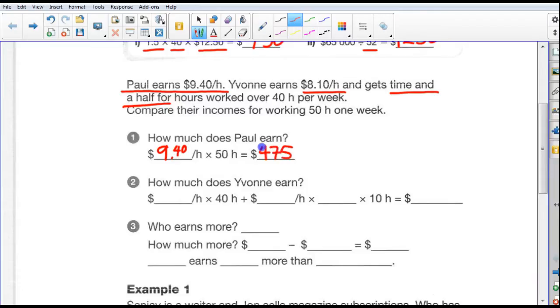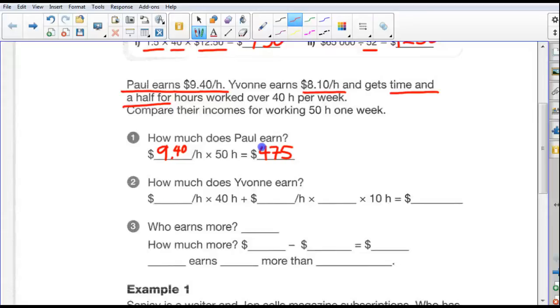Okay, now let's look at Yvonne. She makes less money. Looks like she makes $1.30 less per hour, but she's getting paid time and a half for anything worked over 40 hours. So let's just see if she's going to be making close to the same amount of money. So how much does Yvonne earn?